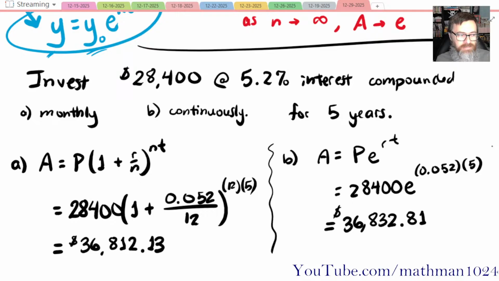Now, here, let me see if I can do this. I really want to show this to you because it's one of these math in the real world things, and it definitely deals with what we've got going on here.